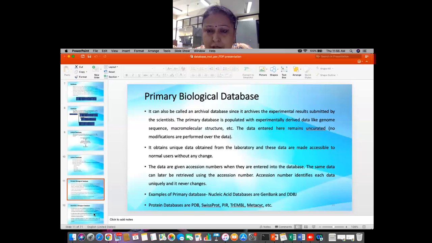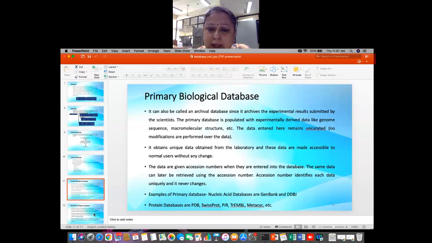Primary biological databases obtain unique data from the laboratories, and these data are made accessible to normal users without any change. The data are given accession numbers when they are entered into the database.